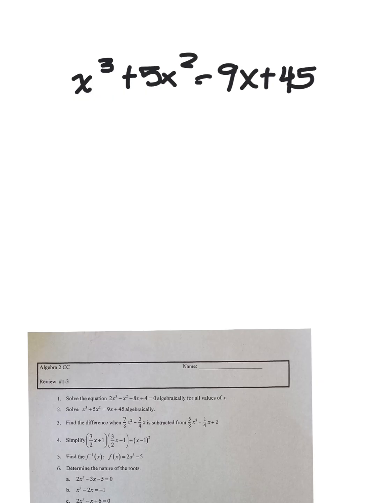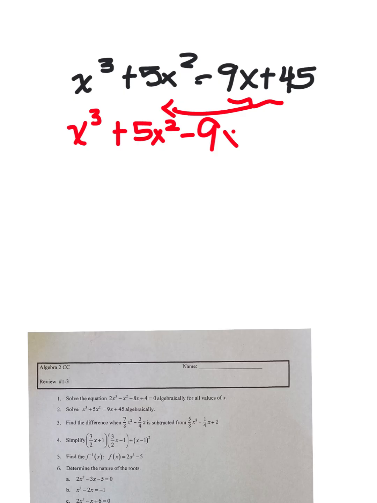All right, so the first thing I have to do is move everything over to the left because I want it to equal 0. So we're going to have x cubed plus 5x squared minus the 9x over, minus the 45 over, equals 0.